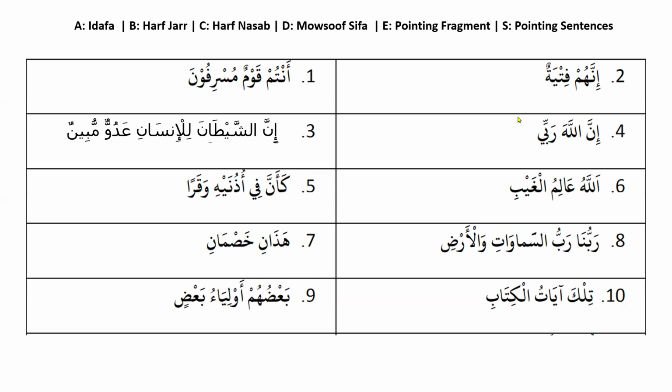And khasmani means the ones who debate or argue. So is it a fragment or a pointing sentence? It's a pointing sentence. So these two are arguers or debaters, whatever we want to say. So hazani khasmani, that's fine.